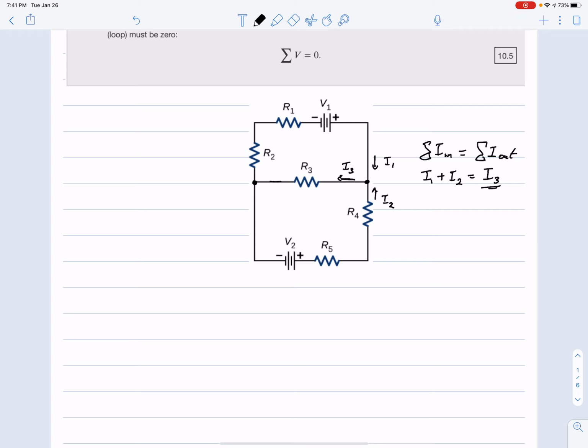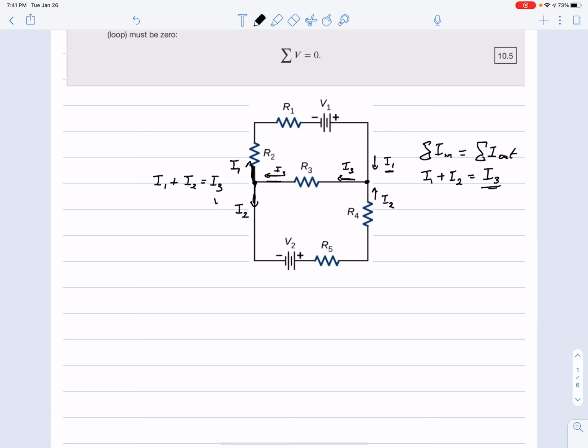So we're still in I3 here, but now it hits another junction. We know that in this section is I1. So coming out from here is I1 as well, and coming out from here is current I2. So I1 plus I2 is equal to I3.